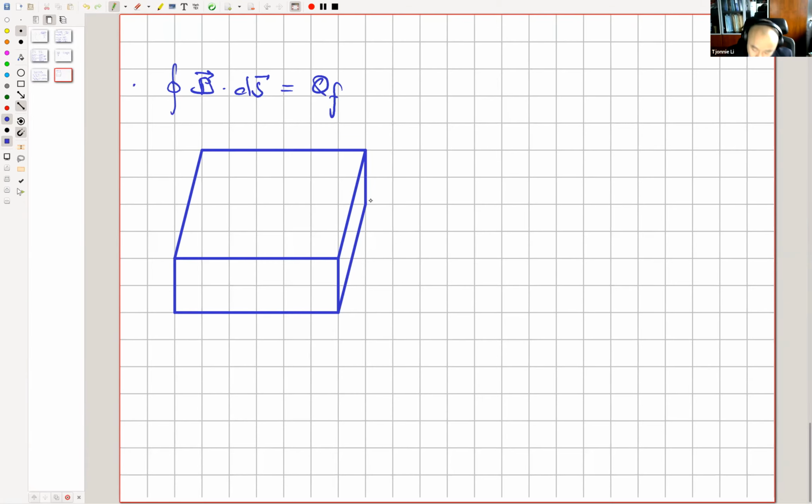Okay, so if I want to look at how this would go at the interface, again, I can simply draw a Gaussian pillbox. It looks like this.